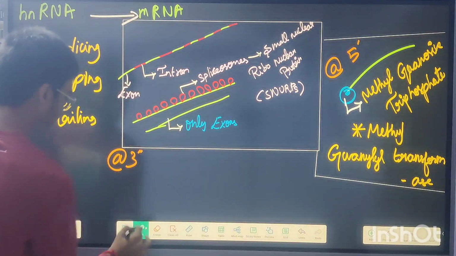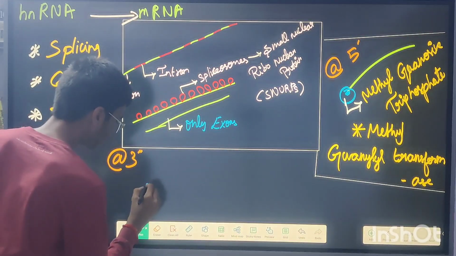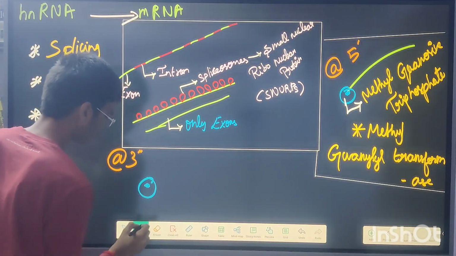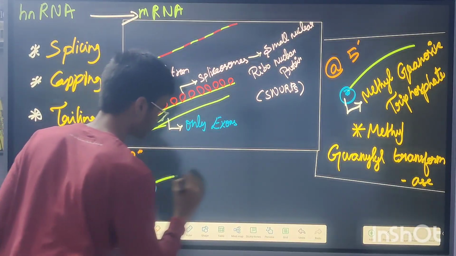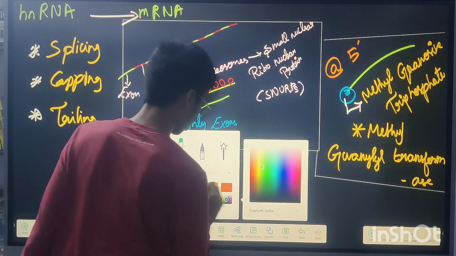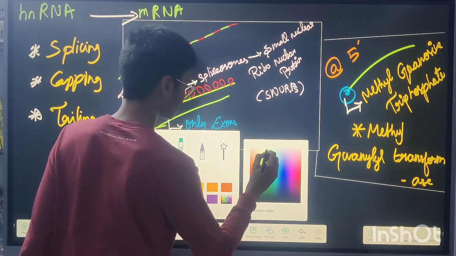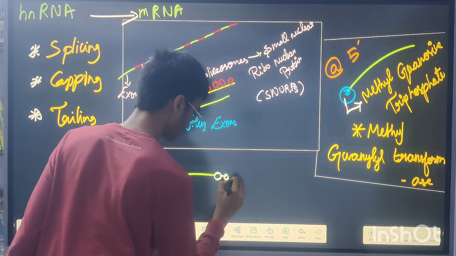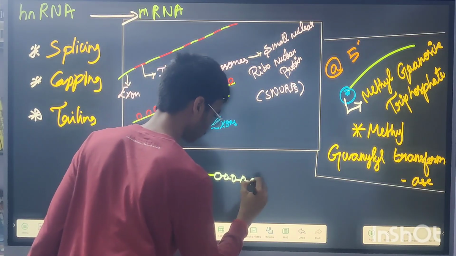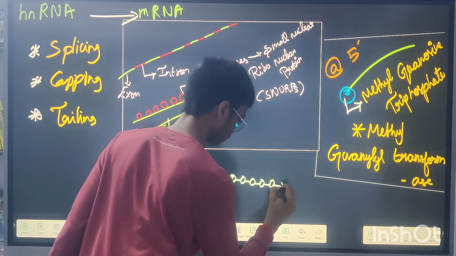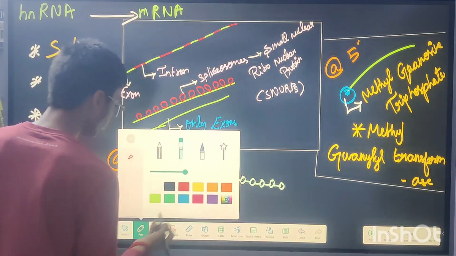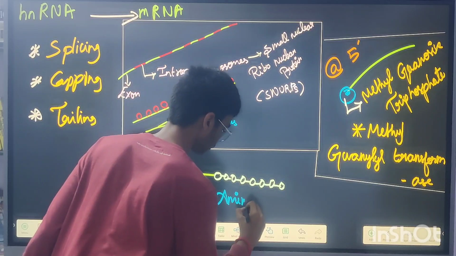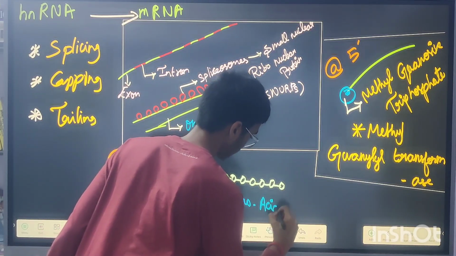That means, see, already here methyl guanyl triphosphate is being added. Okay, and also along with that, amino acids will be also added.